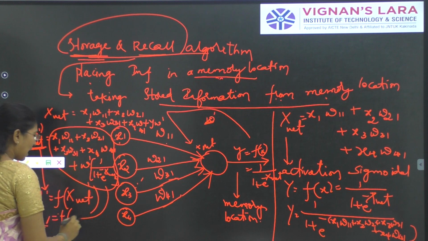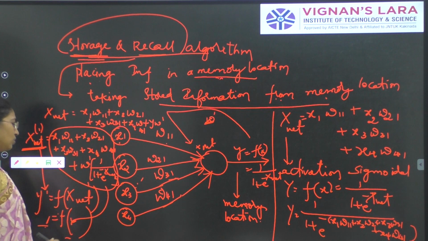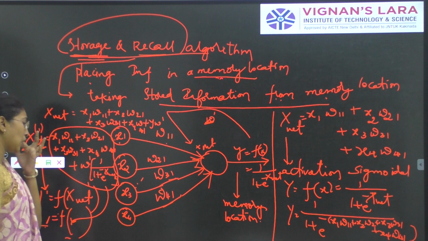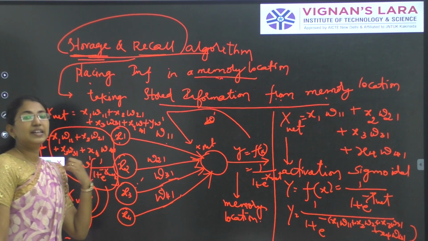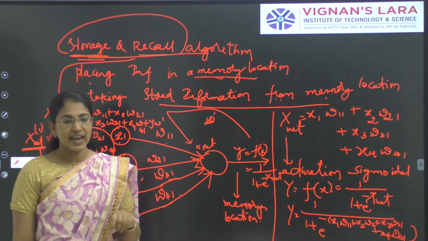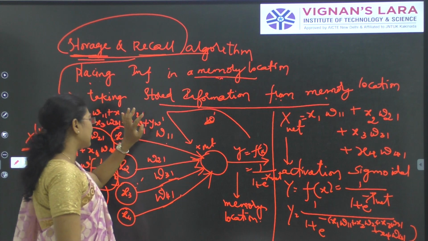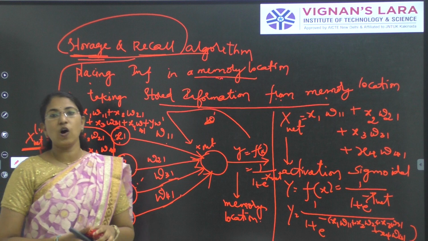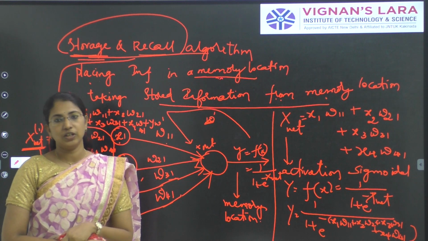You pass this x net through this function, then you get the output y dash as 1 by 1 plus e power minus x net dash. So this is called storing and recalling in a neural network.